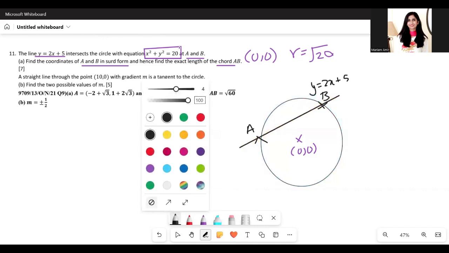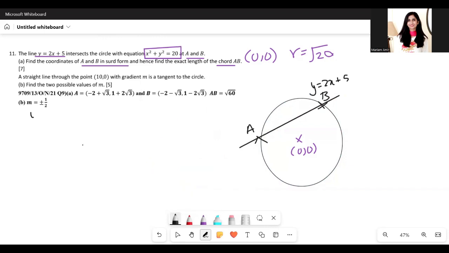So the circle equation is x squared plus, I'm sorry about the mess, let me fix that. So x squared plus, in place of this y, I'm going to substitute and write (2x plus 5) whole squared equals 20.